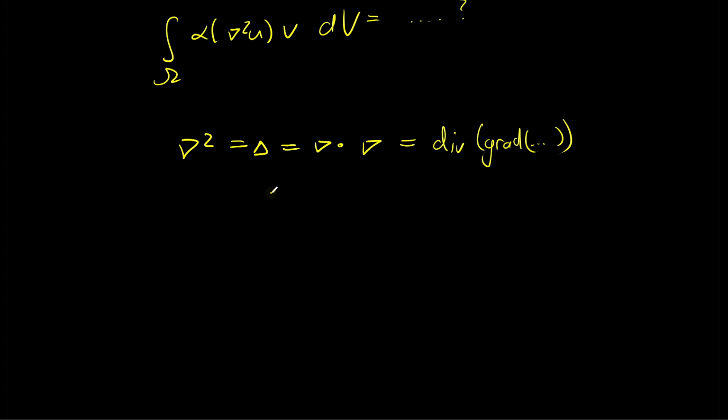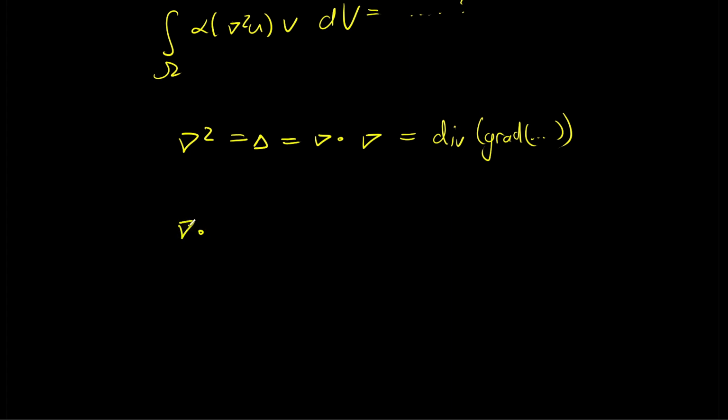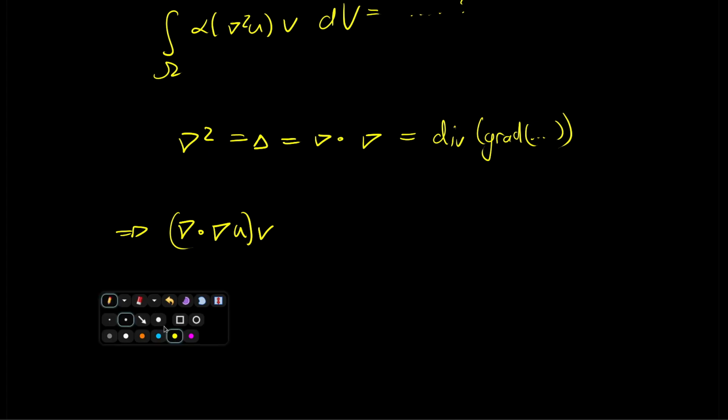So in other words, we have the divergence of the gradient of u multiplied with v, right? This is our first result here, but now we have to make use of a reverse product rule. Okay, crazy again, don't worry, we will go over this.